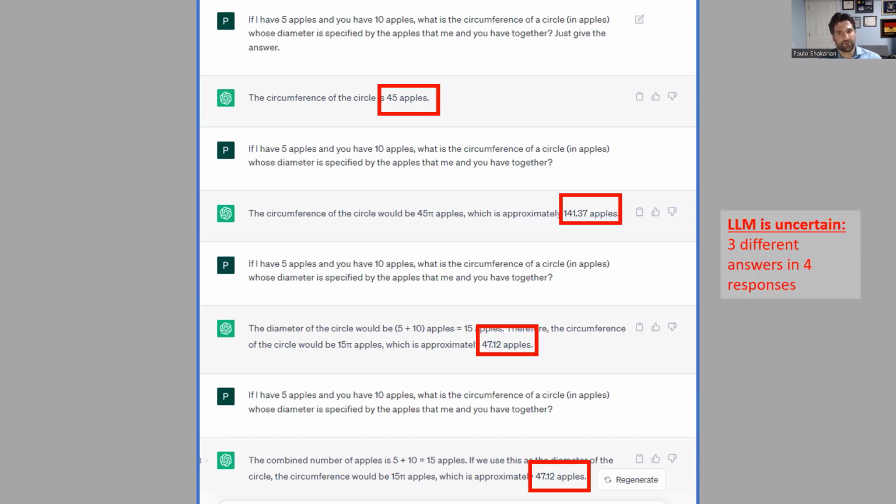Now, for this prompt, we have 4 different answers, and out of those 4 answers, there's 3 unique answers. So if you have something like this going on with your LLM prompt, it looks like, hey, something fishy is going on. It's not sure what it's doing.